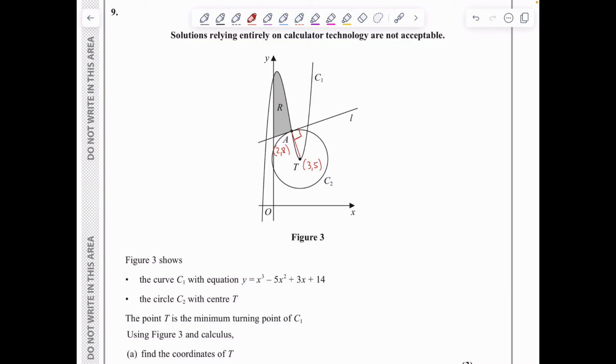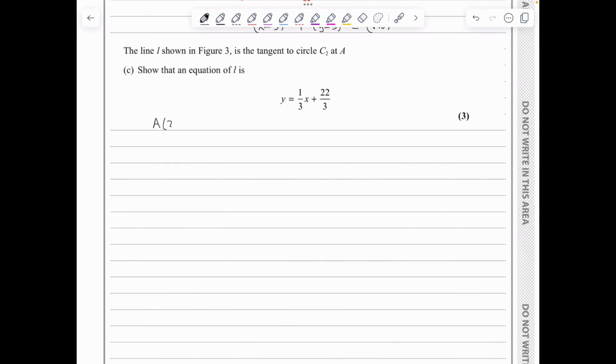So I could actually find the gradient of AT, find the perpendicular of this, and proceed with the fact that I know the coordinates of point A, which is a point on the line L. So we've got A has coordinates (2, 8), T has coordinates (3, 5). So we can calculate the gradient of AT by doing y2 minus y1 over x2 minus x1. This gives a gradient of negative 3, and therefore we conclude that the gradient of L must be a third.